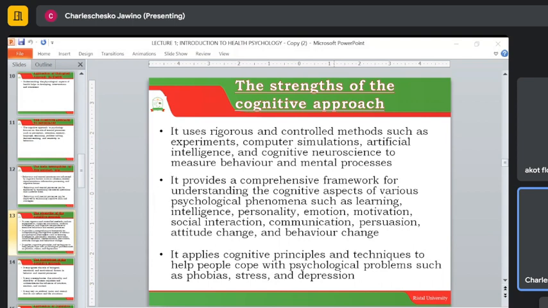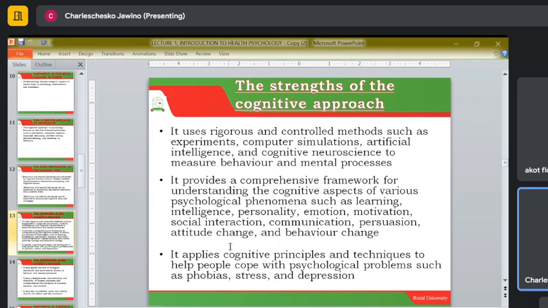There, I'm trying to test their cognition, their concentration, how they can concentrate on something. That is all testing for cognition. Usually, I ask the names of their children and the names of their parents. There I'm testing for memory. You get it? So for such cases, I'm assessing using the cognitive approach.